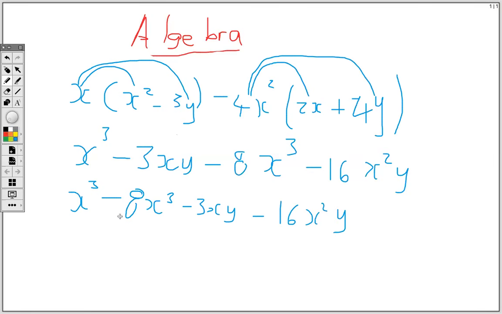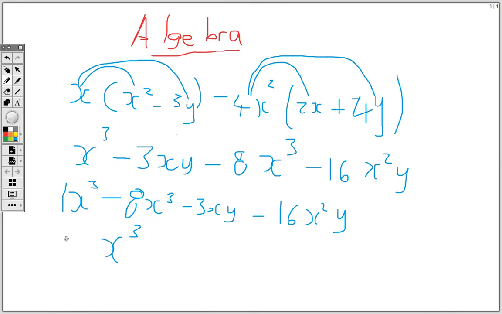Now, x cubed minus 8x cubed. Remember, once we're subtracting, you rewrite the variable. So you have x cubed. And for persons who don't remember, that means there's a 1 as a coefficient of the x cubed. So once the signs are different, we subtract, keep the sign of the bigger number. So subtracting, we have 1 take away 8.